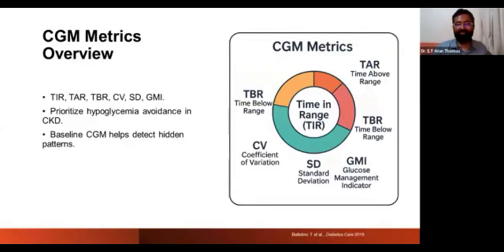There are two main purposes for which CGM can be used. One, for the patient to have control over his own blood sugars, and for the clinician to have an ambulatory glucose profile, which will be the continuous glucose metrics recorded over the 14 days.